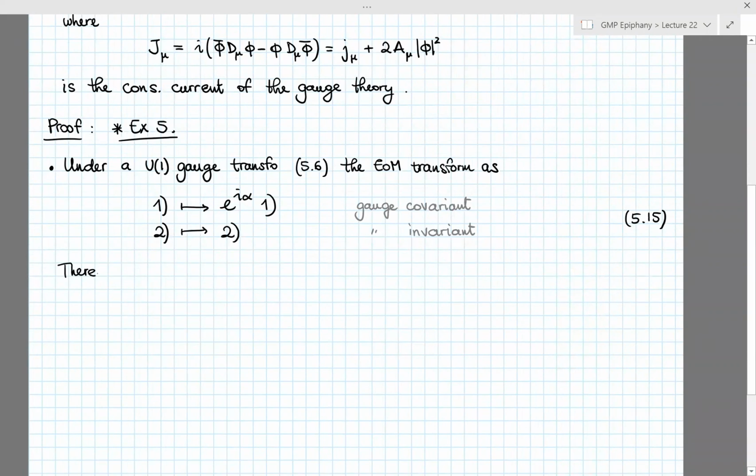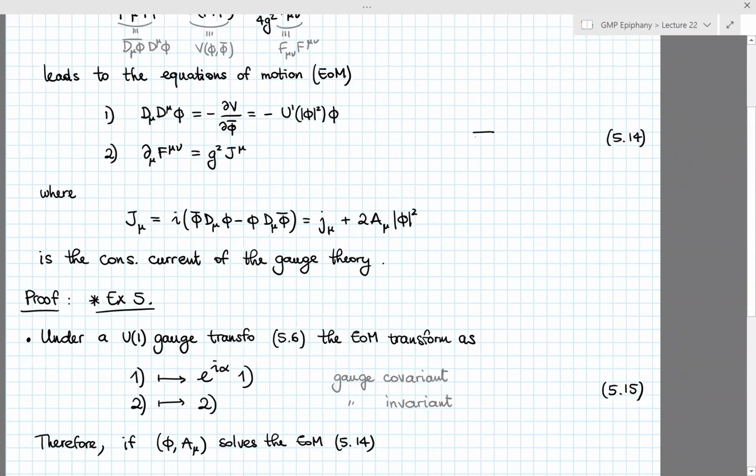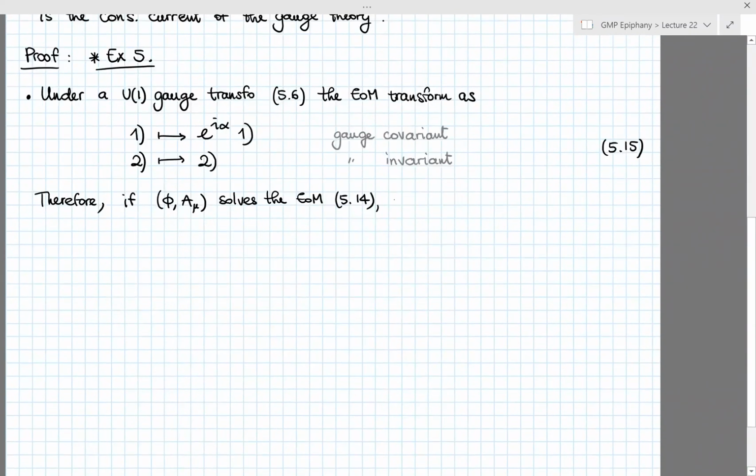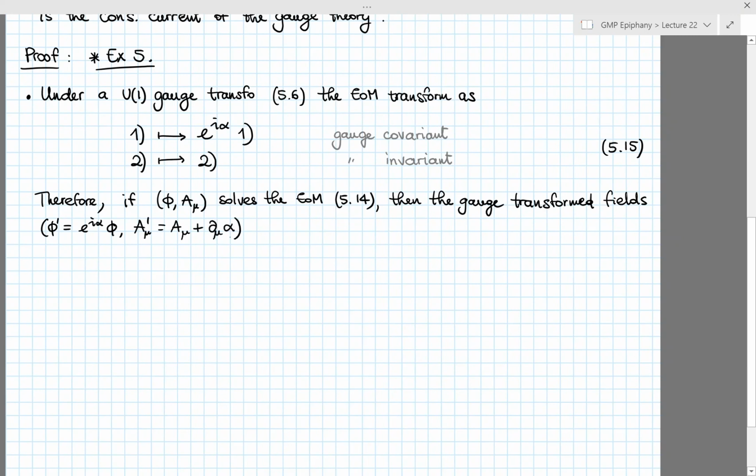What this means is that if a field configuration for the scalar field phi and the gauge field A mu solves the equation of motion 5.14 that I wrote up here, then the gauge transformed fields phi prime, which is e to the i alpha phi, and A mu prime, which is A mu plus d mu alpha, also solve the same equations of motion 5.14.